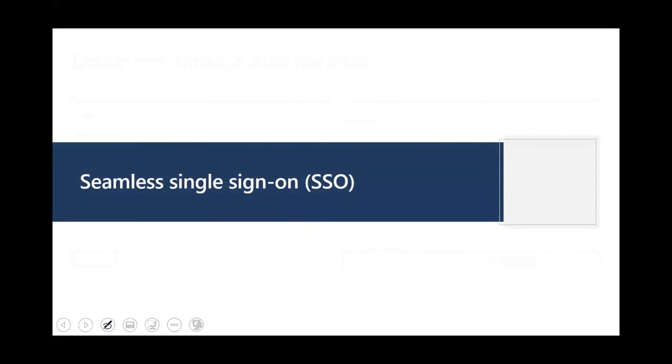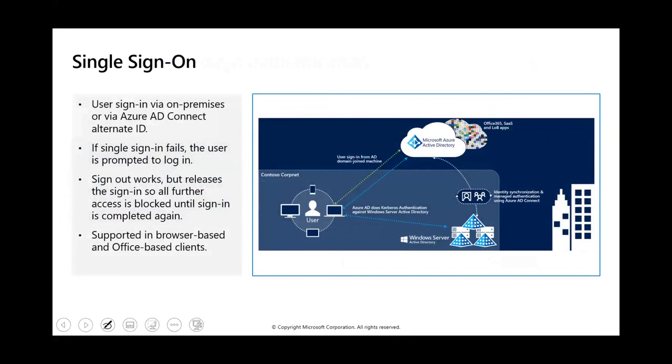Another really important thing when configuring Azure, and what we want from that, is single sign-on. What does it mean? It means that whenever you connect yourself to your cloud, you are going to have a connection from your Active Directory, and you are going to open different applications.